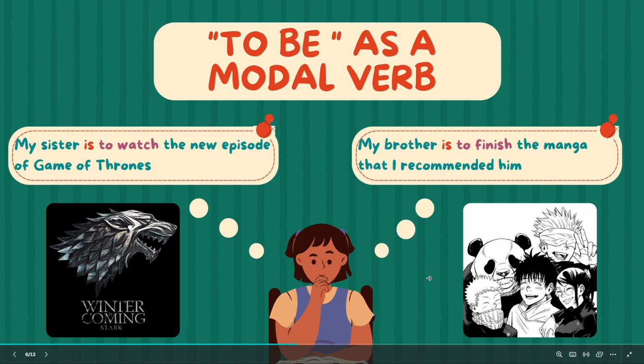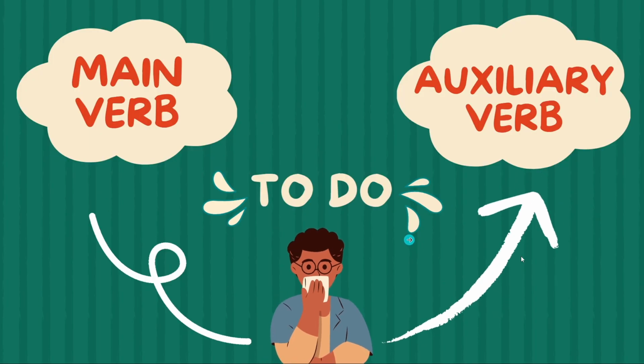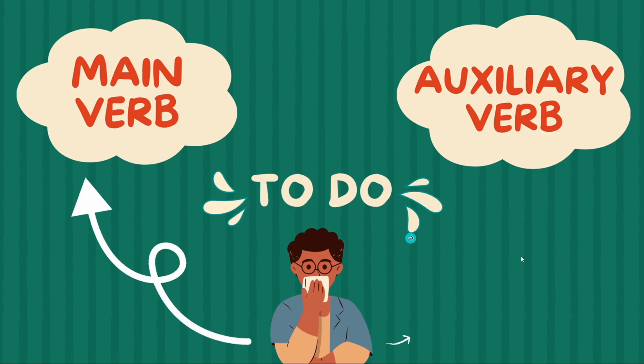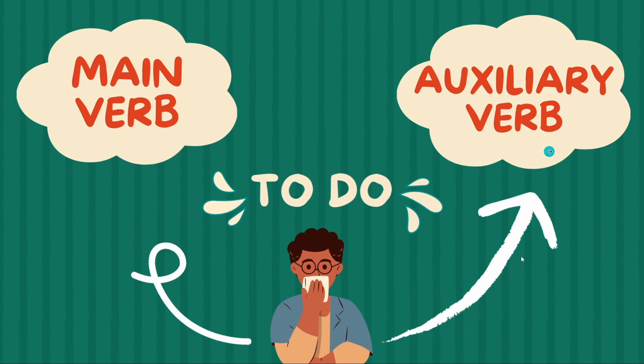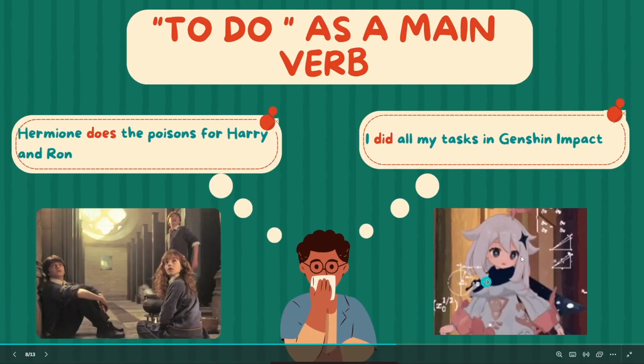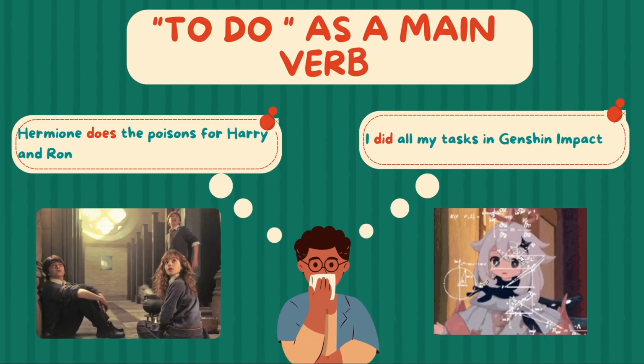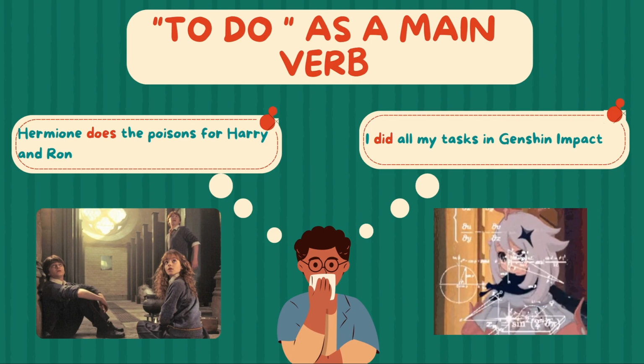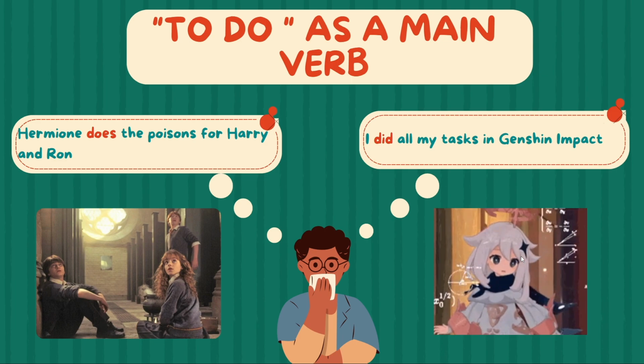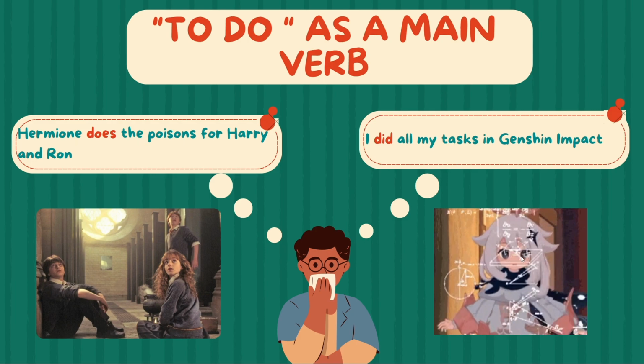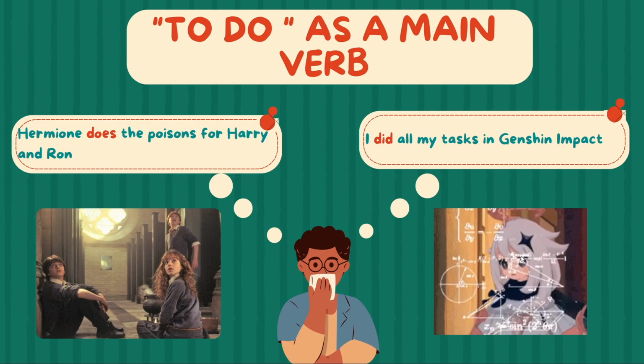So let's keep moving. Now the verb to do has two functions: as an auxiliary verb and as a main verb. As a main verb, the verb to do is used in place of another specific verb.